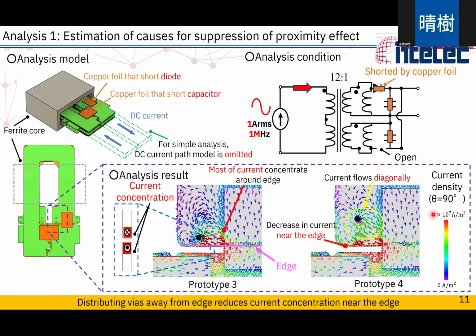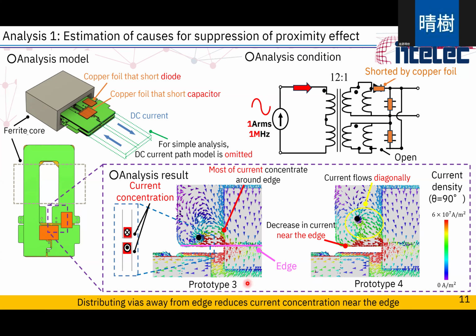Comparing the current densities of prototype 3 and prototype 4, most of the current from these pairs concentrates around the edge, in opposing directions. So prototype 3 causes significant current concentration.